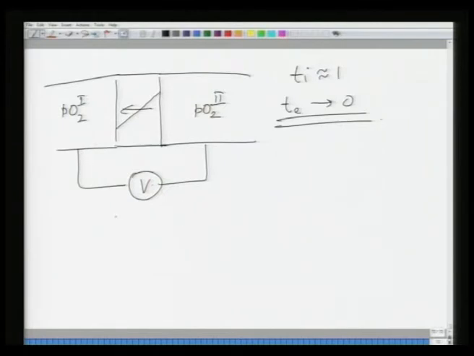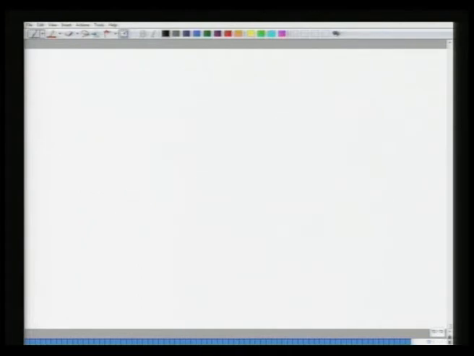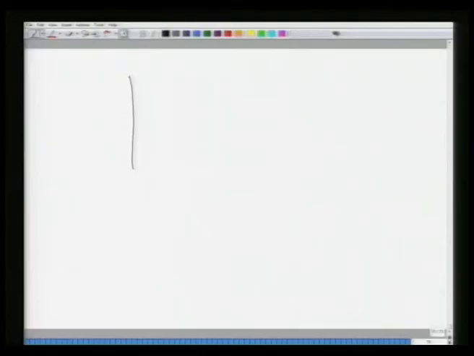So, let us say this is an electrolyte. Let us draw it on the next page. The better picture would be something which I am going to draw now. So, you have such a system. This is your electrolyte.